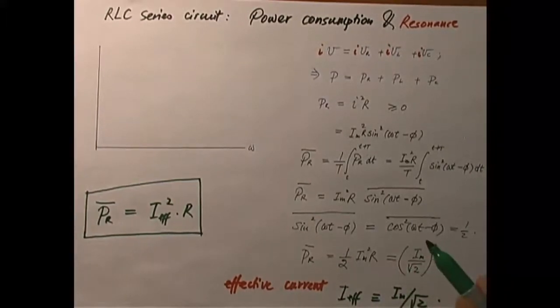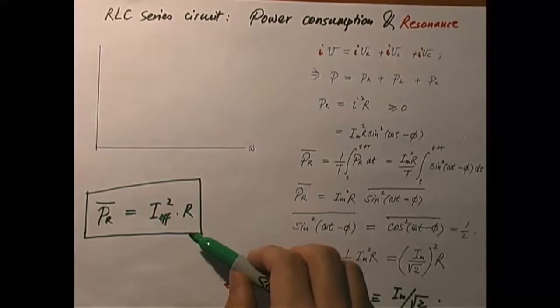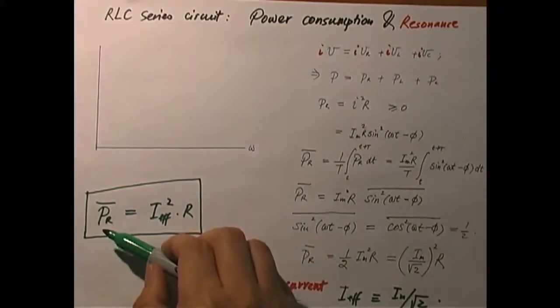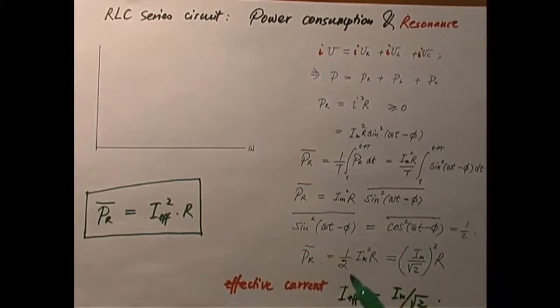The question is, is it possible I can introduce an effective current so that with that effective current, I can calculate the average power delivered by an AC circuit without considering the time averaging, without worrying about this 1/2?